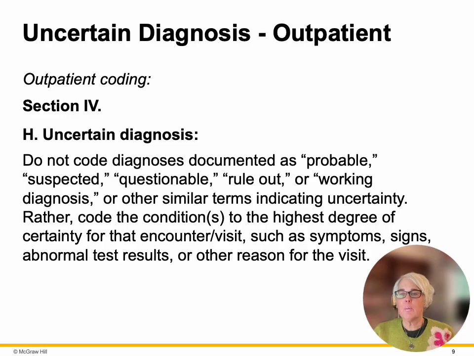So if the provider writes rule out pneumonia and only documents cough and shortness of breath on that office visit, we're going to code the cough and the shortness of breath, not pneumonia. I want you to remember the contrast between the two. With the inpatient, code uncertain diagnosis at discharge. With the outpatient, stick with what is clearly established.